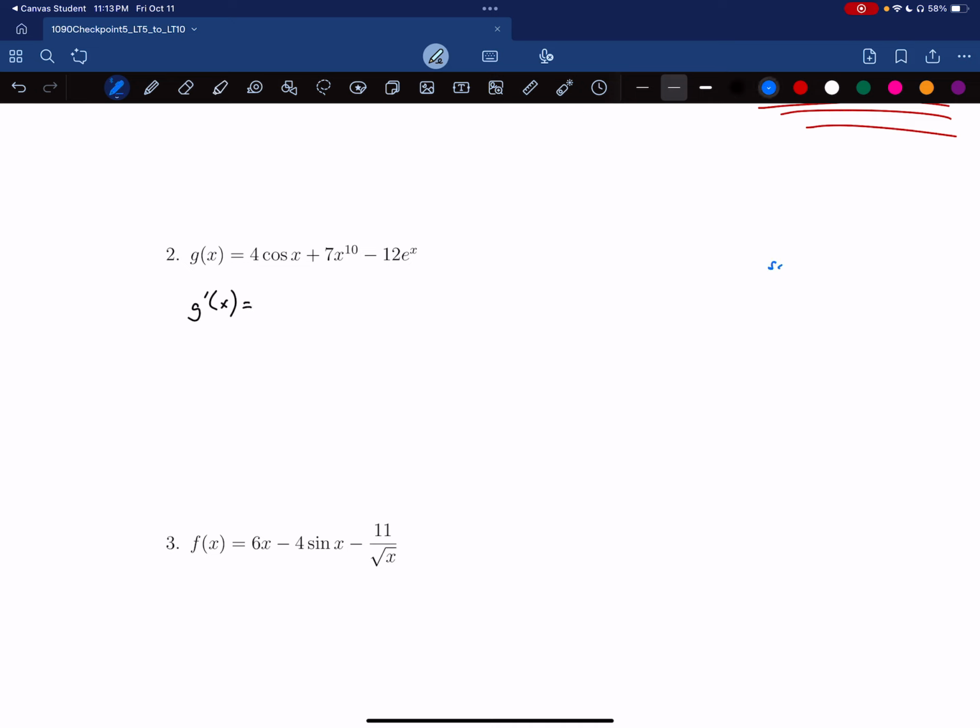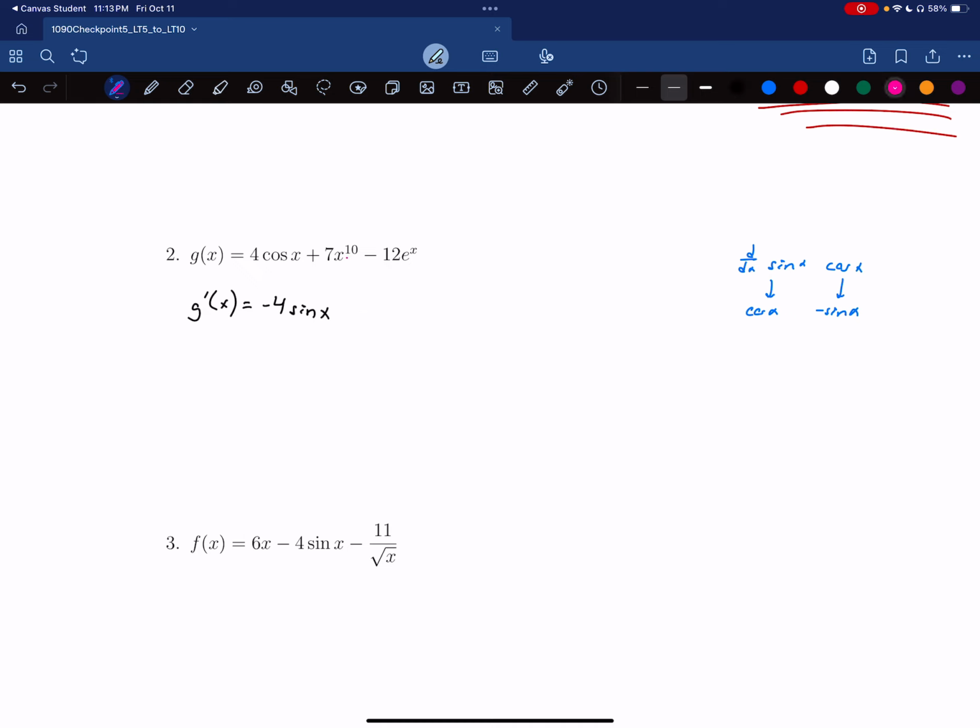Taking derivatives of sine and cosine, it's good to remember that d/dx of sine x is cosine x, and d/dx of cosine x is negative sine x. Just things to memorize. So we will have a -4 sine x.